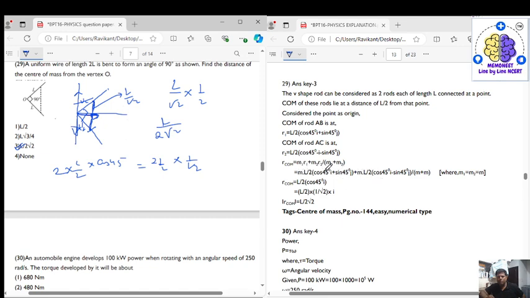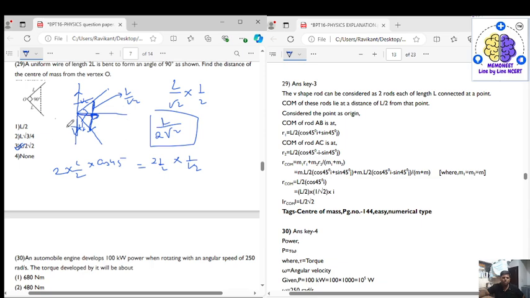L by 2 cos 45 plus L by 2 cos 45. Alright. Let it be. You just understand by this diagram, right? So the answer will be equals to L by 2 root 2.